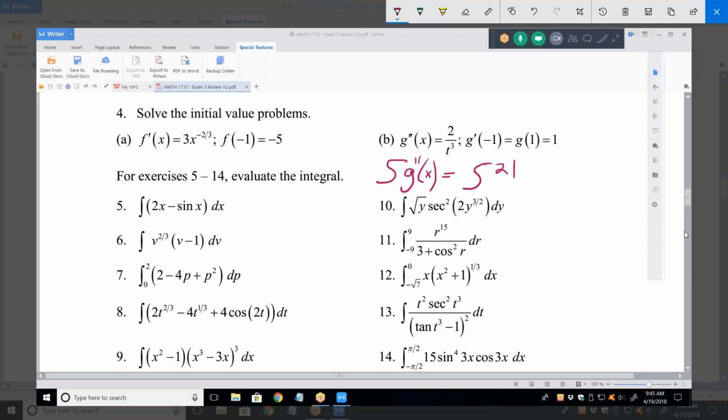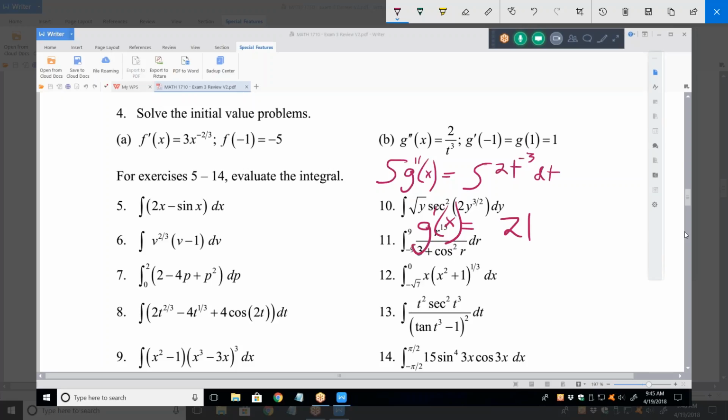Let's write it this way because it's easier to integrate when we have exponents and everything in the numerator. So what's the integral of that? It's -2 for the exponent. And so now you divide them.